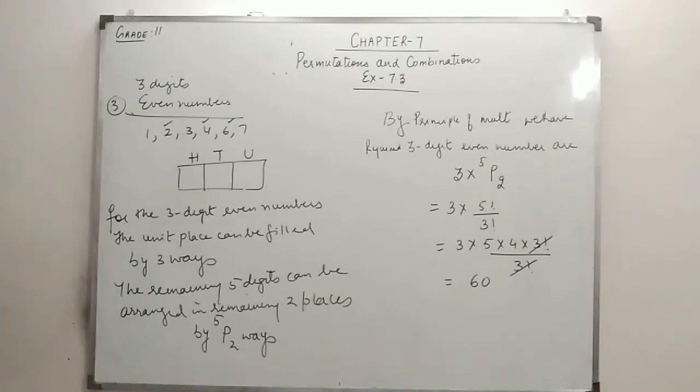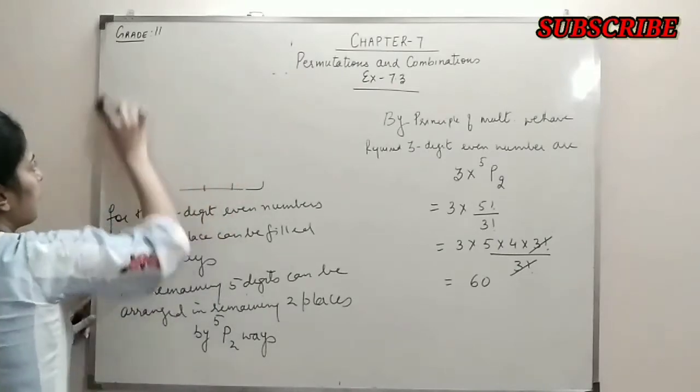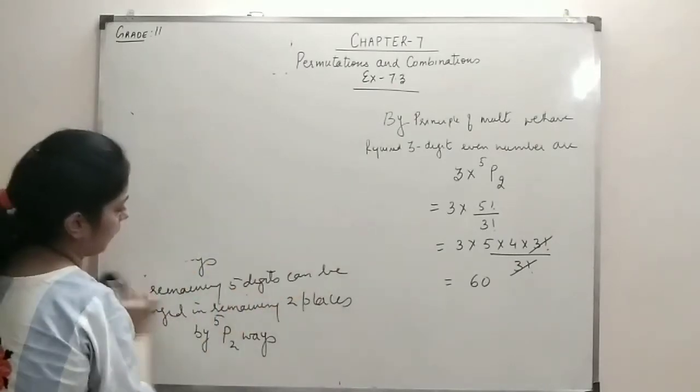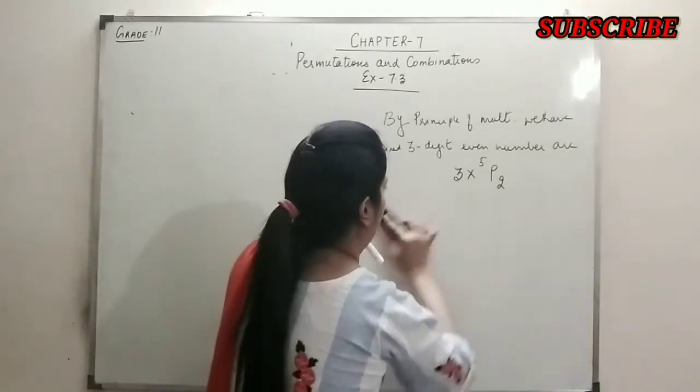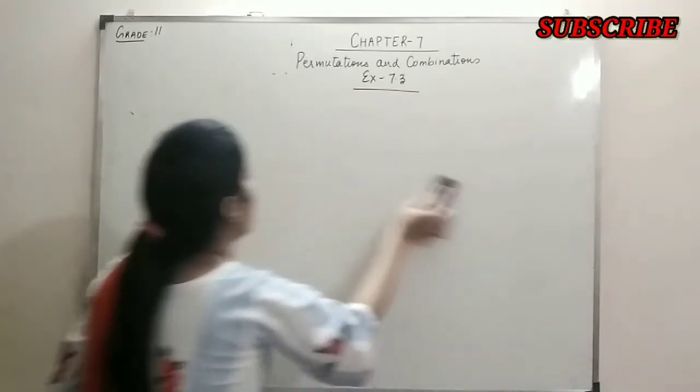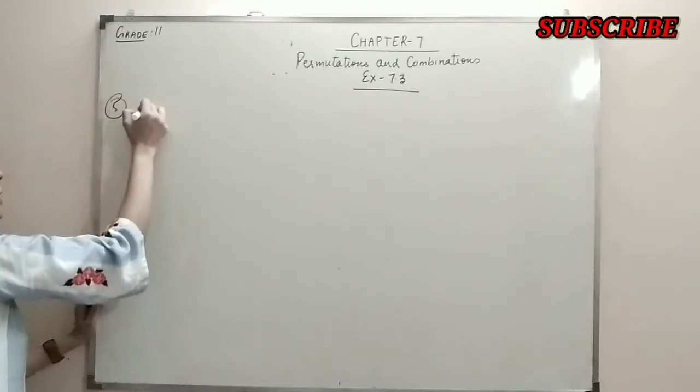Okay. Now come to the next question, number 5. What is question number 5? From a committee of 8 persons, there are 8 persons in total in the committee.